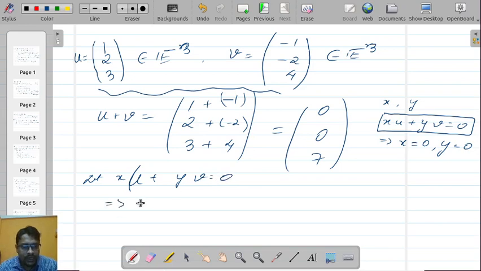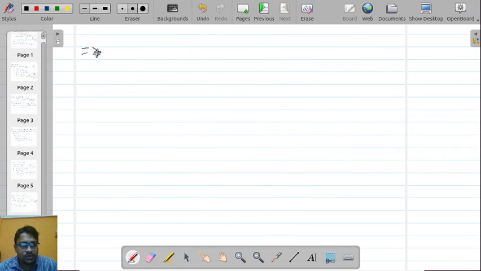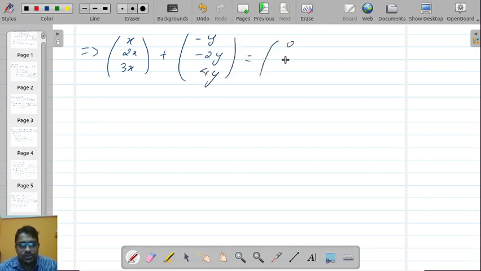So this will imply x into (1, 2, 3) plus y into (-1, -2, 4) is equal to 0, where this 0 is actually (0, 0, 0). So this implies x, twice x, 3x, plus minus y, minus twice y, 4y, equal to (0, 0, 0).